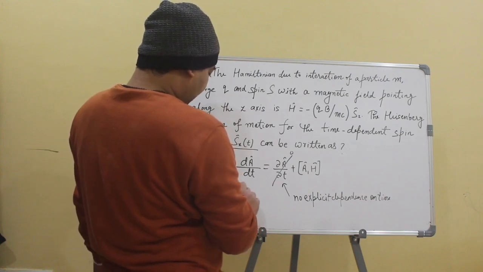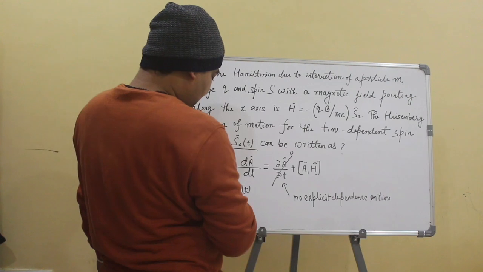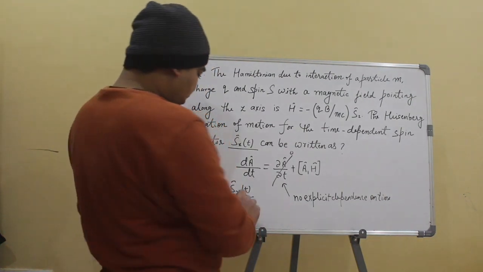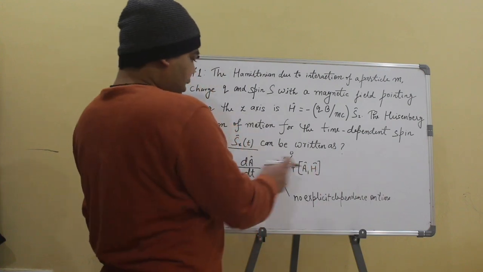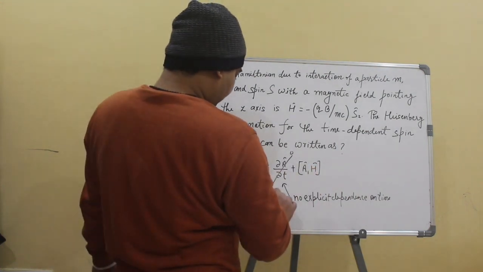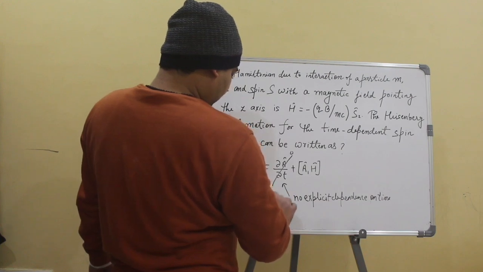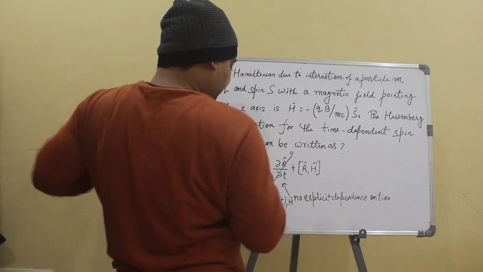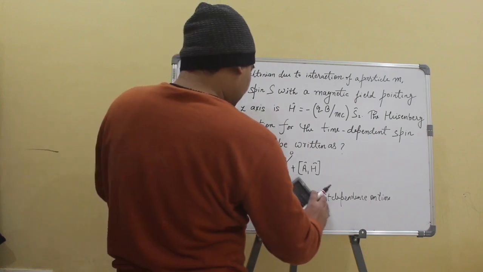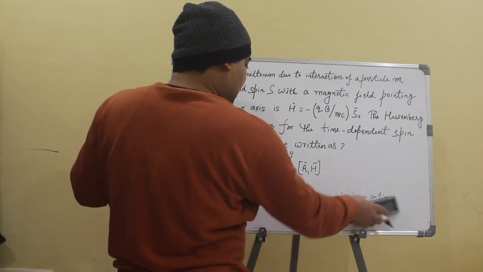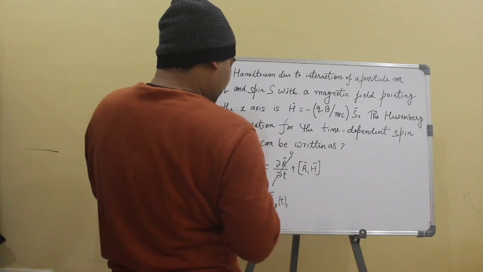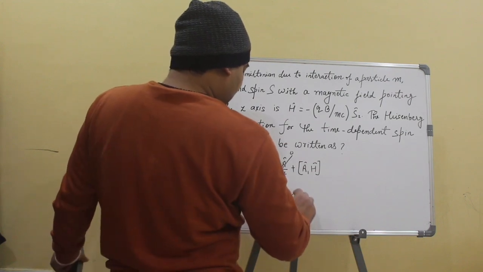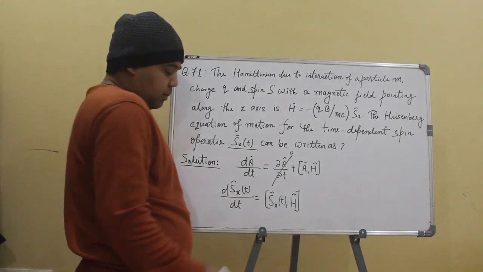So d S x cap (t) by dt, where A is S x (t) and H. So just remove this partial term, as it is clear that there is no explicit dependence on time, rather it has implicit dependence.